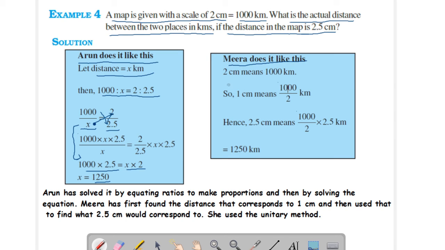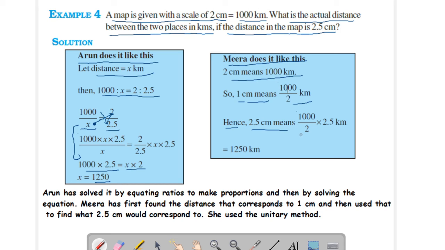The second way of solving this question is, here Meera does it like this. This is the second method, that is 2 centimeter means 1000 kilometer. So 1 centimeter means 1000 upon 2 kilometer. Hence 2.5 centimeter means 1000 upon 2 into 2.5 kilometers.